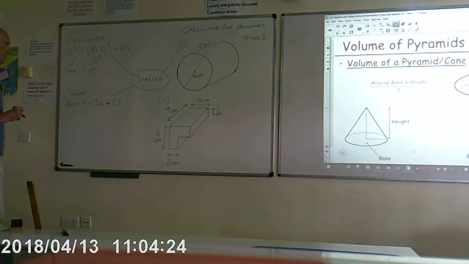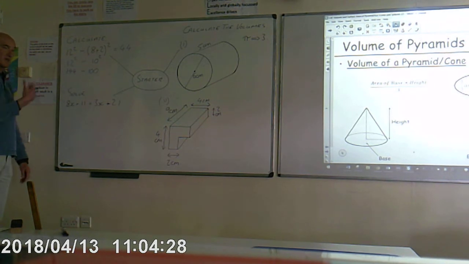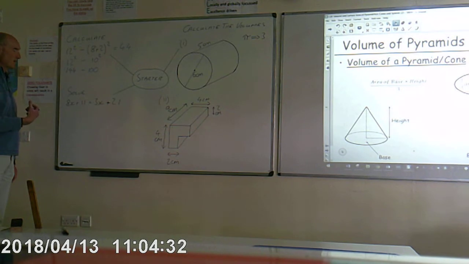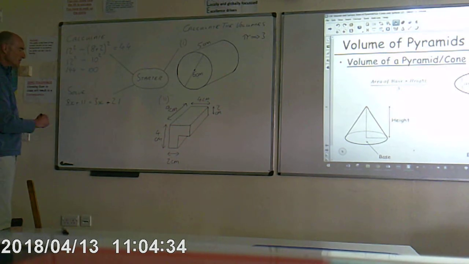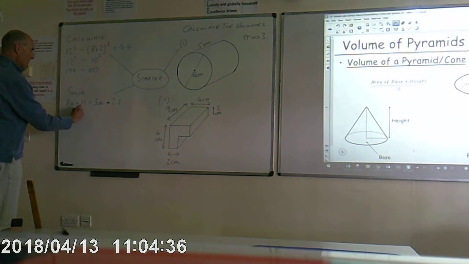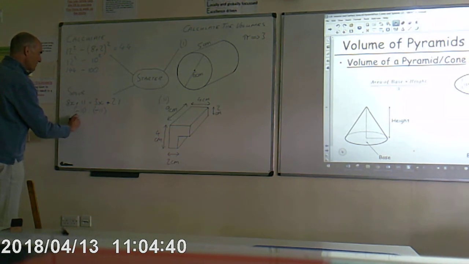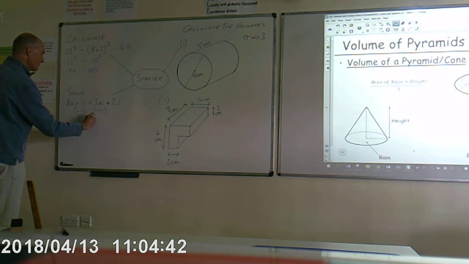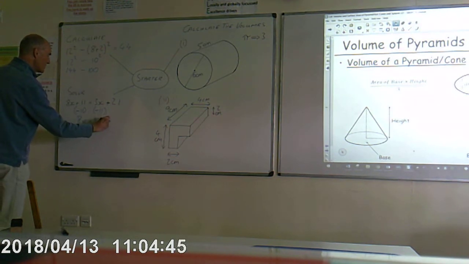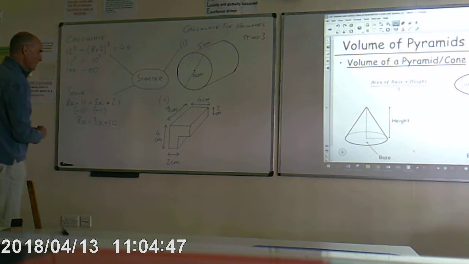Solving this equation. We've got x's on both sides, we've got numbers on both sides. We want to get the x's on one side and the numbers on the other side and get a value for x. X equals something. Subtract 11 from both sides. That leaves me with 8x on the left hand side, 3x plus 10 on the right hand side.